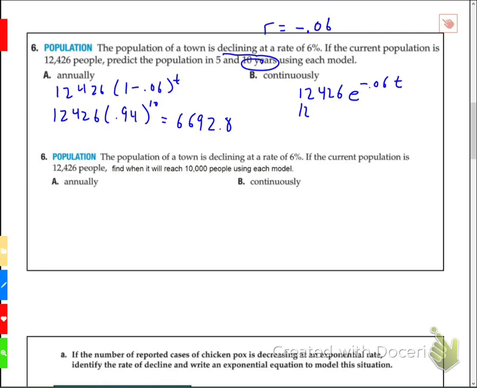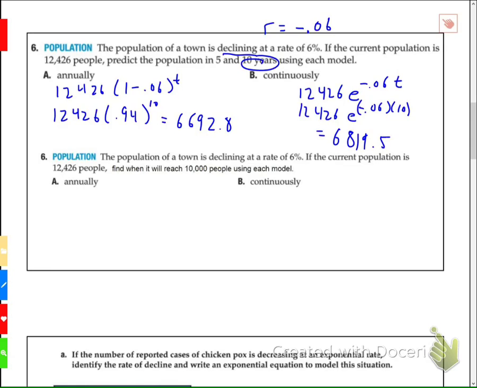So that's 12,426 e to the, I'll just put those together in the exponent with a 10, and let's see what that gives me. Okay, so that gave me 6819.5.